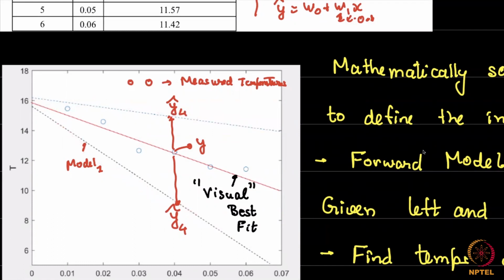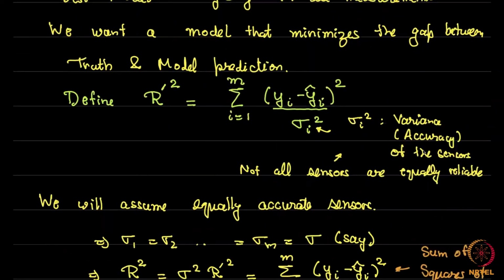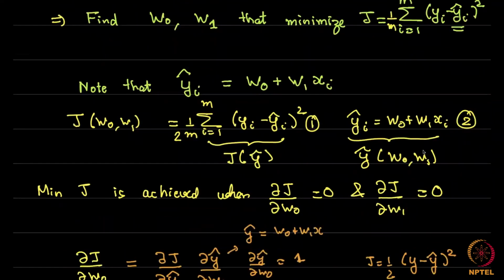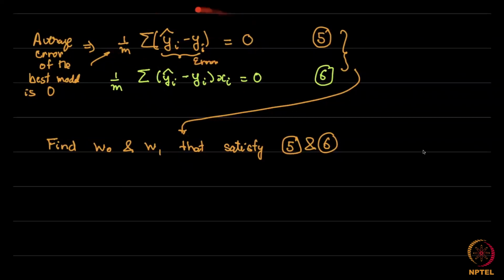So at least we have a physical intuition that a good model should go on both sides of the truth. And that's the intuition that this equation here is re-emphasizing. This, on the other hand, is a little bit harder to interpret, and we will see that in the next video. So let's see how to solve these two equations.